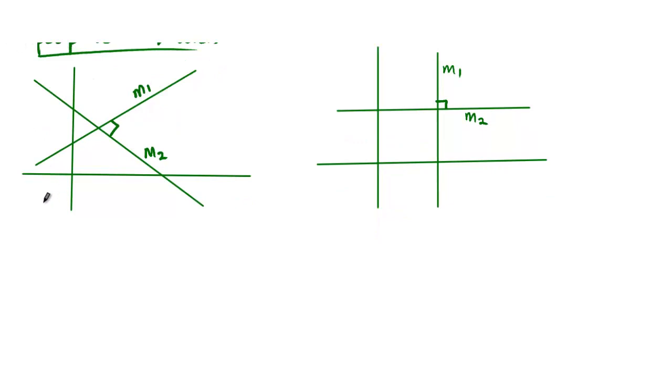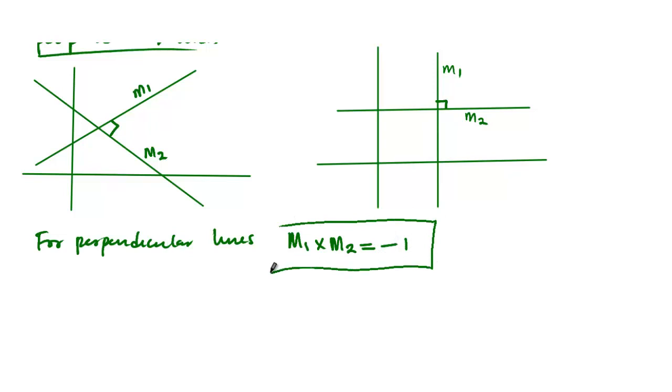So for perpendicular lines, m1 times m2 is equal to -1. That's the product of the two slopes will be equal to -1.